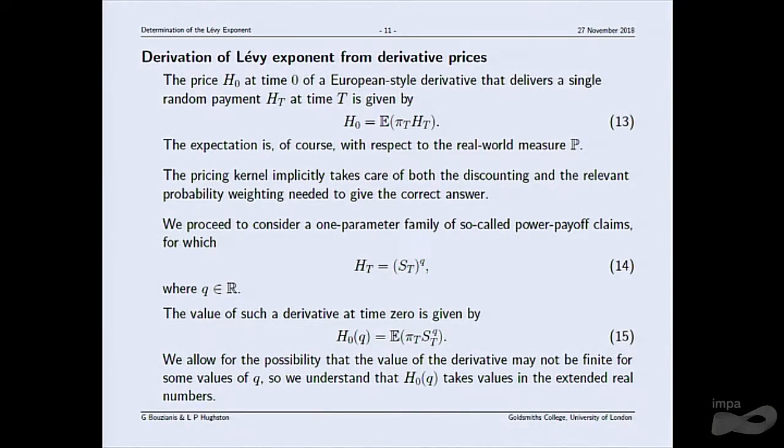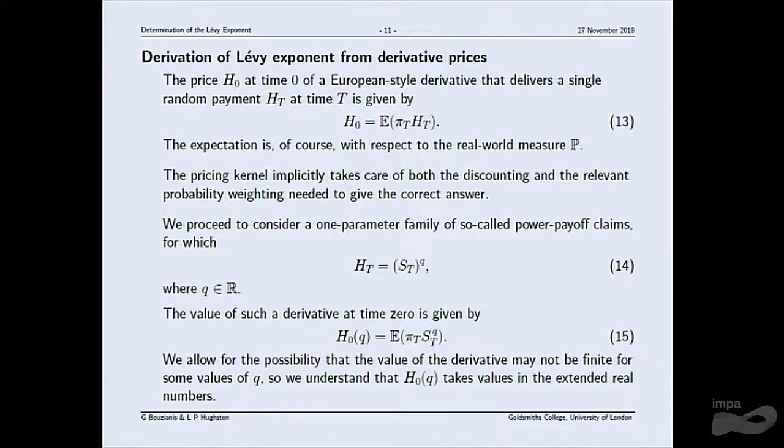So what we'll do is we'll consider as an example a one-parameter family of power payoff claims. So this is kind of an option where the payoff is given by a power of the value of the asset at maturity. So then the value of such a derivative is given by the expectation of pi times the asset price raised to the power q.